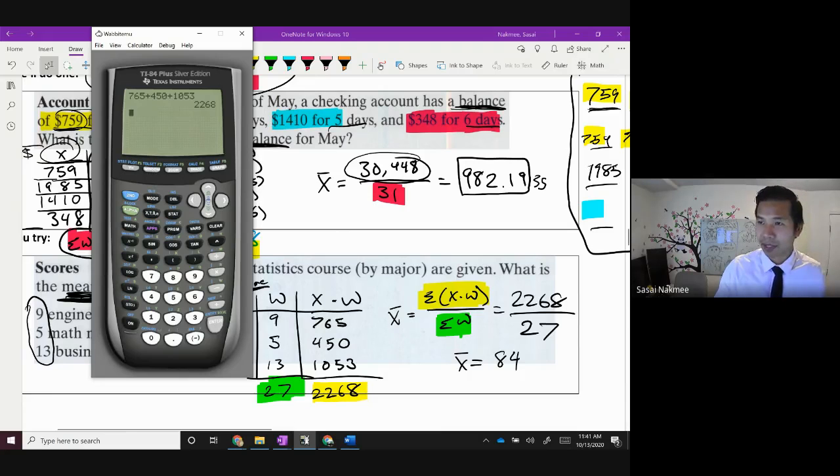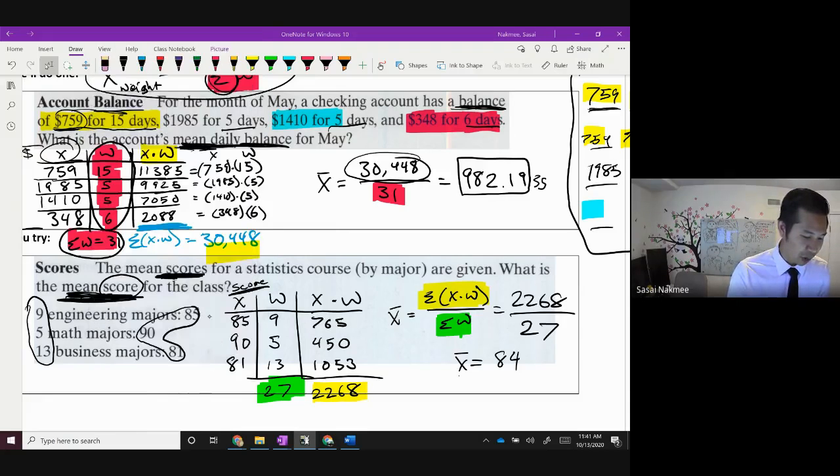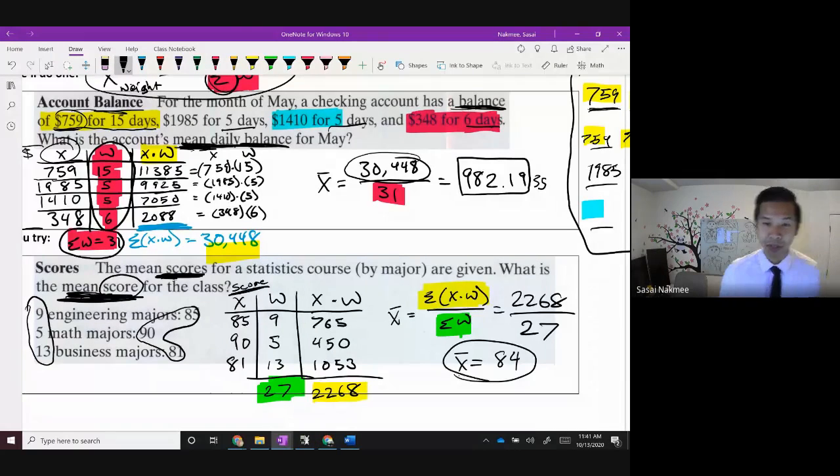Then divide that by 9 plus 5 plus 13. I get 27. So 2,268 divided by 27. My answer is 84.